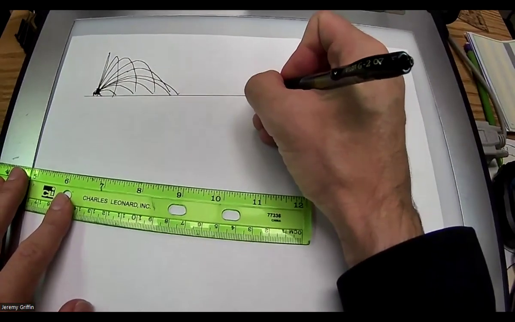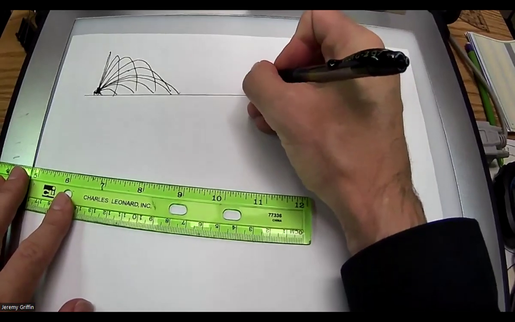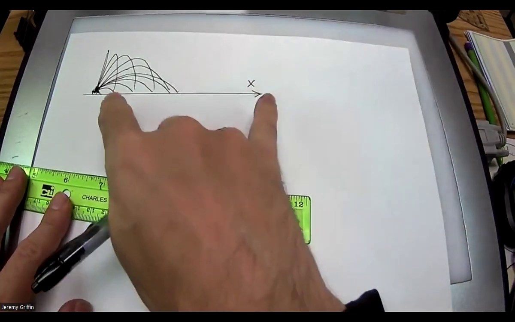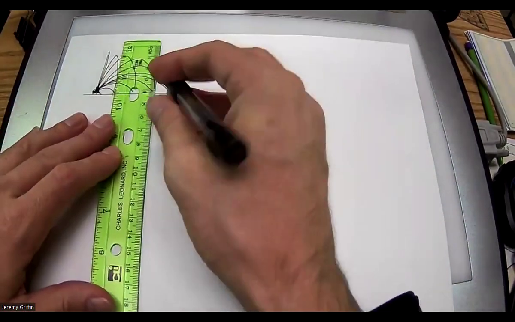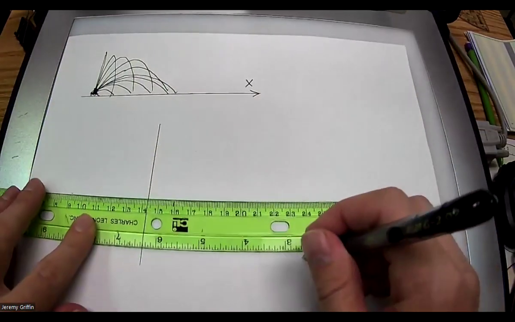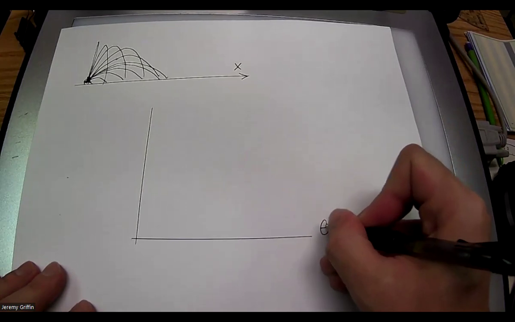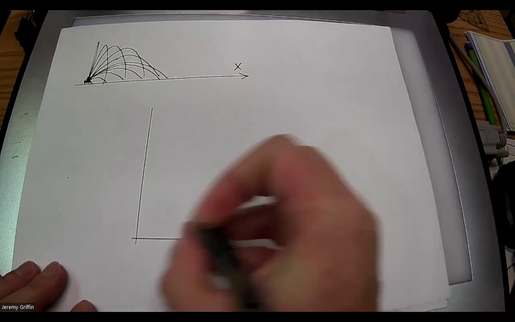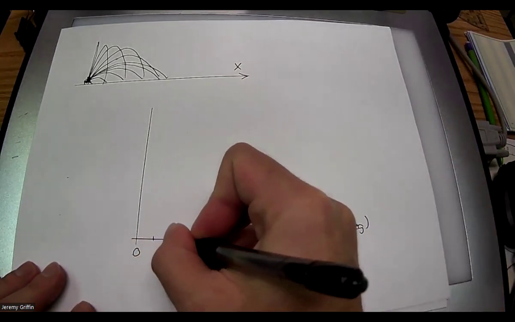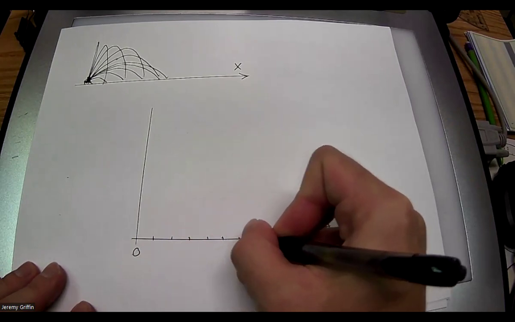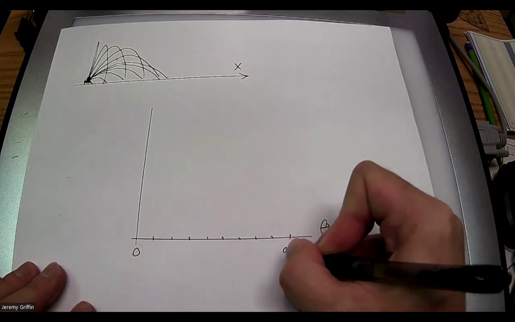So let's look at the horizontal displacement, the range on that axis. Let's make a graph out of it. On the horizontal axis, let's put the angle in degrees, 0 to 90: 10, 20, 30, 40, 50, 60, 70, 80, 90.